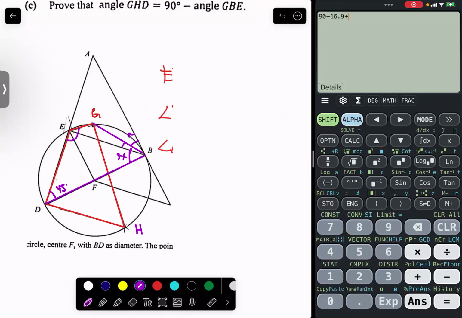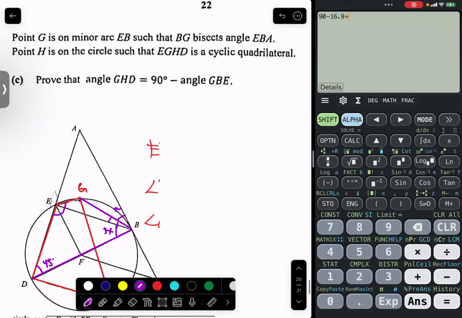So that means this angle is also 3x. Oh, yeah, this is the same angle, 3x. Okay, so 90 minus x. GBE, that's GBE. Yeah, correct. Okay, that is correct.